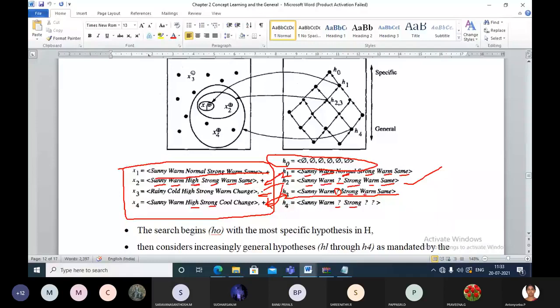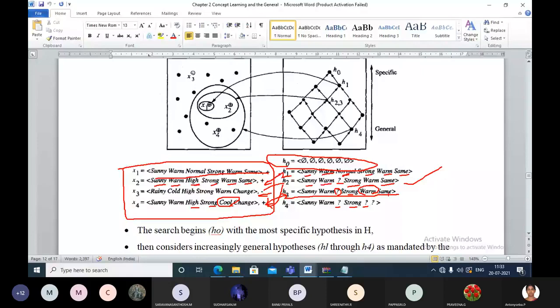When you look at the fifth attribute, since the values are different in your hypothesis and in your new data instance, you generalize by replacing the value with a question mark. Again, for the last attribute, the value of the sixth attribute is changed, both are different, so again generalize it using a question mark.